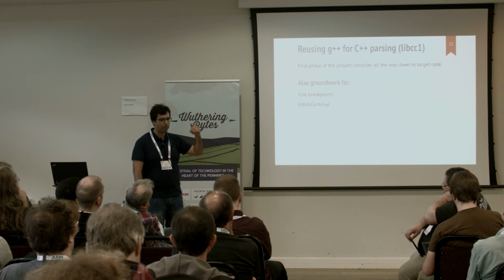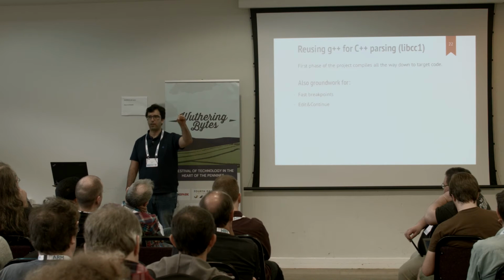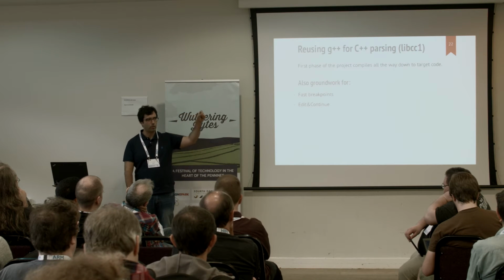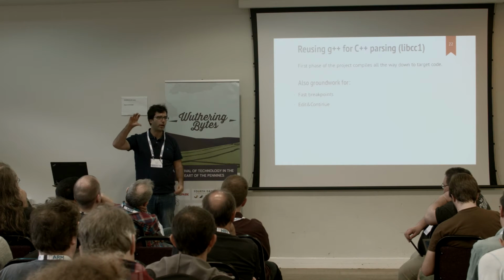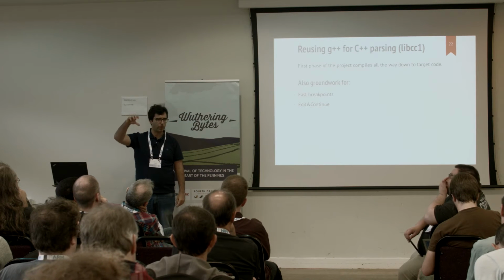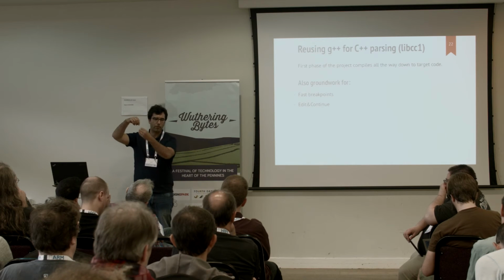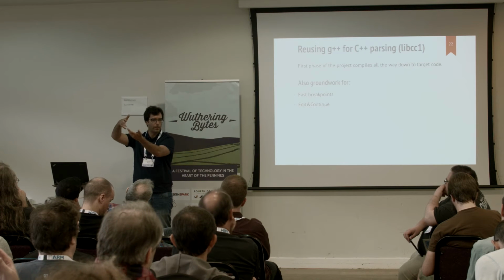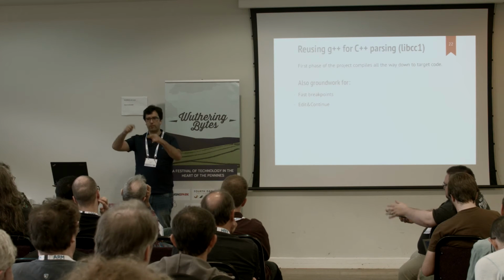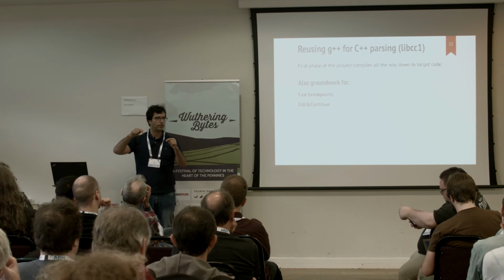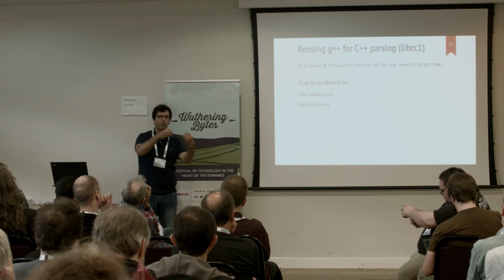Fast breakpoints just means instead of placing a trap in the code, you insert a jump that detours into a function that you compiled and injected inside the inferior. And this function evaluates the breakpoint condition. You break main if some expression, right? And this if some expression is currently evaluated by GDB.